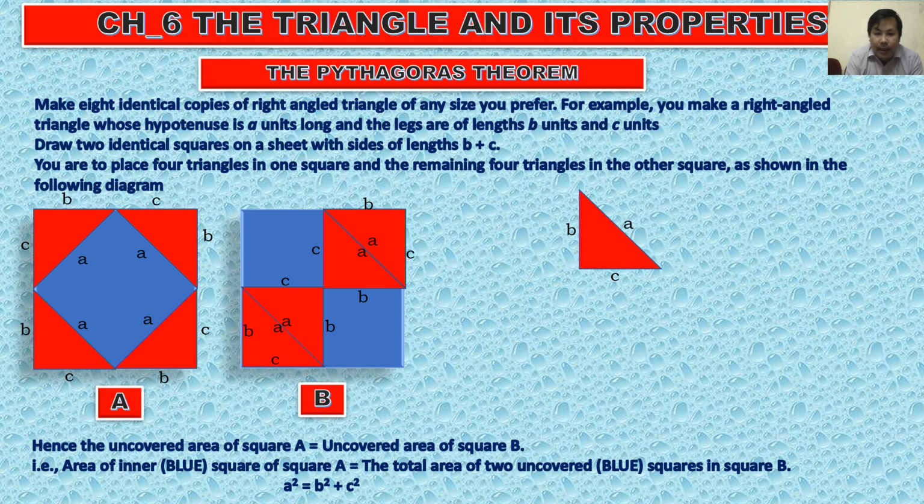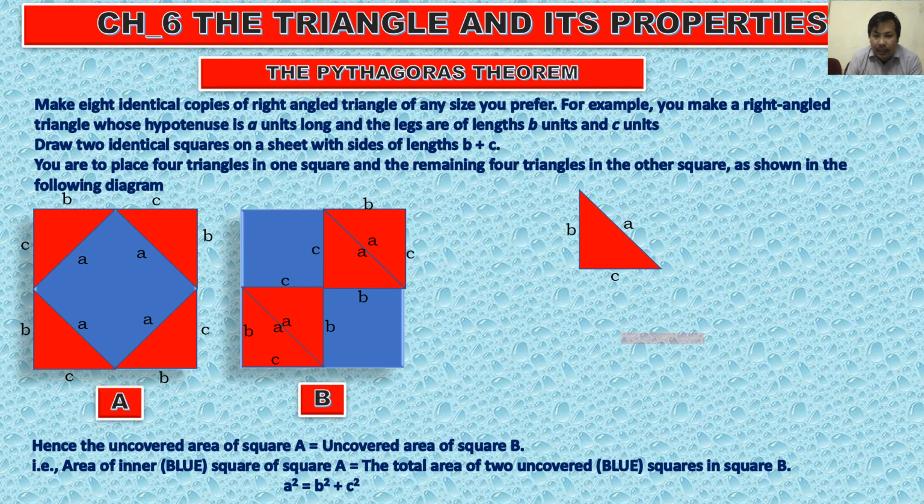Two legs means B and C. You can see here in this small first red triangle, separately here. So here, A is the hypotenuse and B and C are the other legs. So the square on the hypotenuse is equal to the sum of the squares of the other two legs. So this is what the Pythagoras theorem tells us.